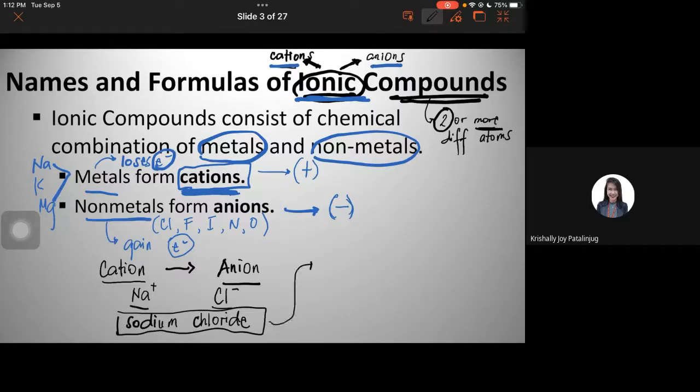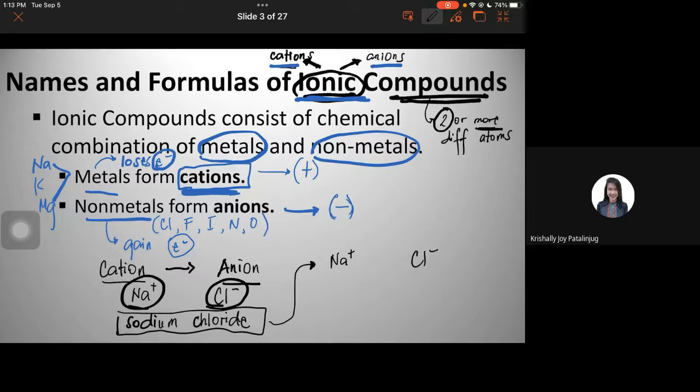Now, what if you are asked to write the formula of sodium chloride, an ionic compound? You just have to extract the ions that you memorized. Sodium is Na plus, chloride is Cl negative 1.